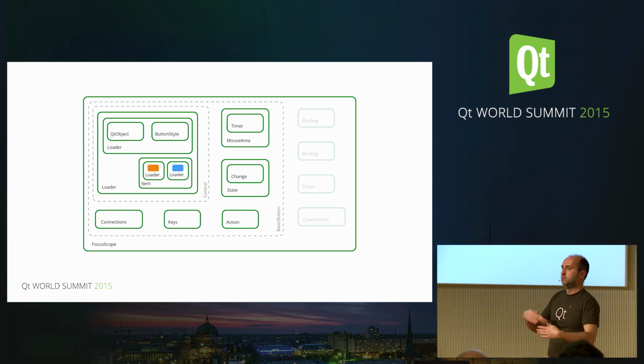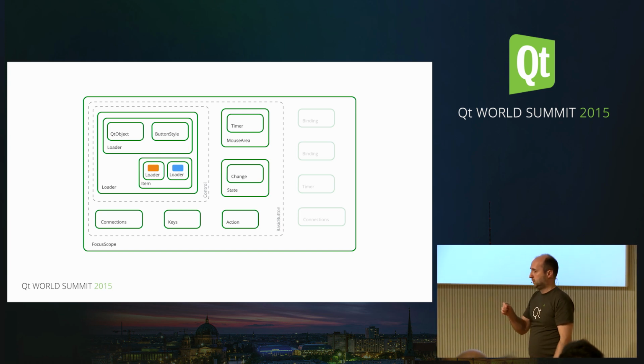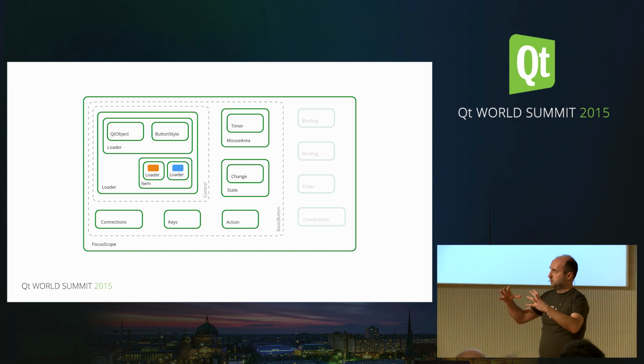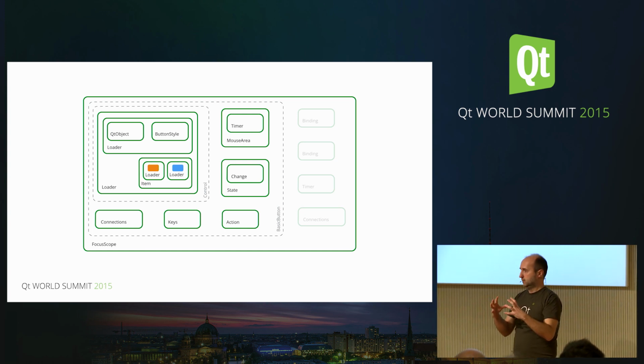Like on desktop, you can have a global shortcut somewhere, a button in a toolbar that you can click, a menu item somewhere in the menu bar, and then you sort of factorize, refactor the action itself into a single object.